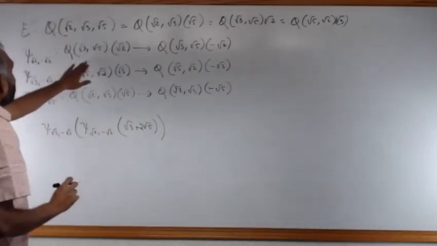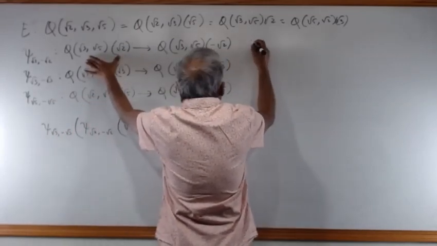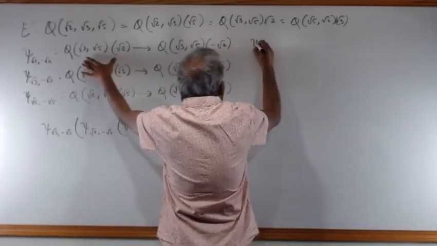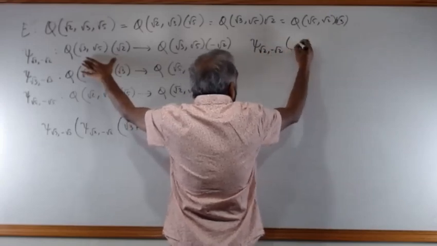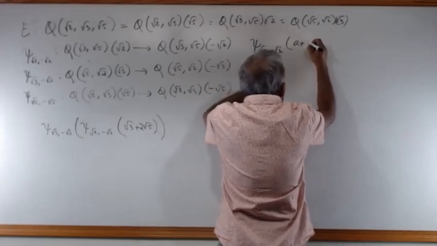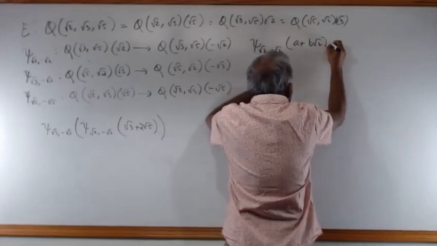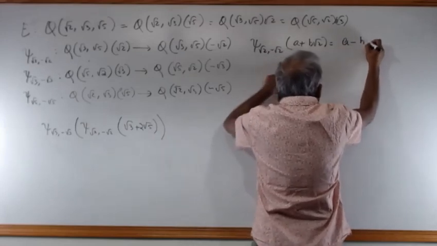See, what is the definition here actually? The definition here is going to be psi of root 2 comma minus root 2 of a plus b root 2 is equal to a minus b root 2.